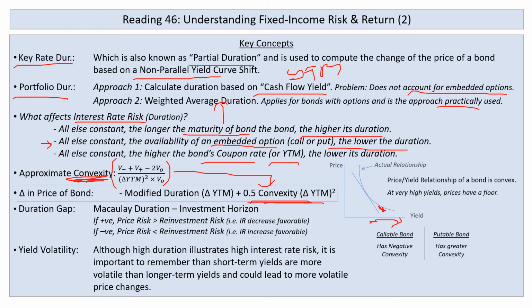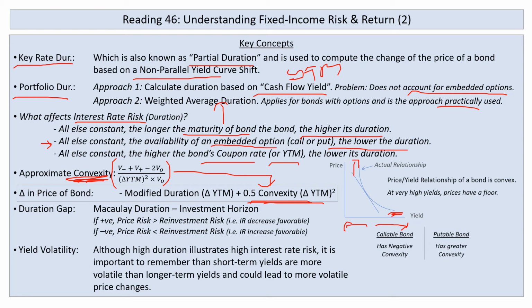Why? As you see in the convexity graph, convexity is a good thing for a bondholder. Why? Because at very high yields or very large increases in yields, there's an implicit floor on the bond's price. And for very low yields or very large decreases in yields, the price of the bond would skyrocket.